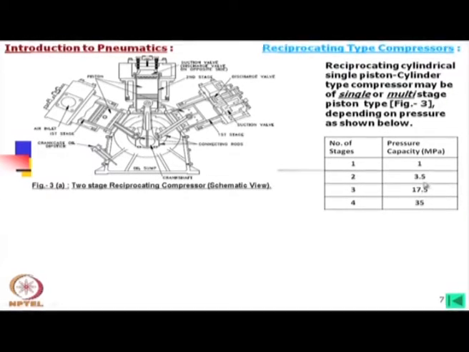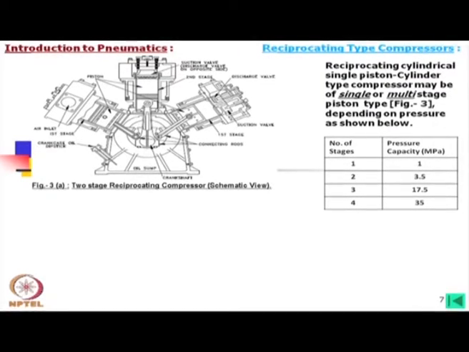If it is 3.5, then 2 stage. If it is 17.5 megapascals, it is on the higher side, and we have to go for 3 stage, and for 35 megapascals it is 4 stage. Now, 35 megapascals is very high, this is definitely for special applications.